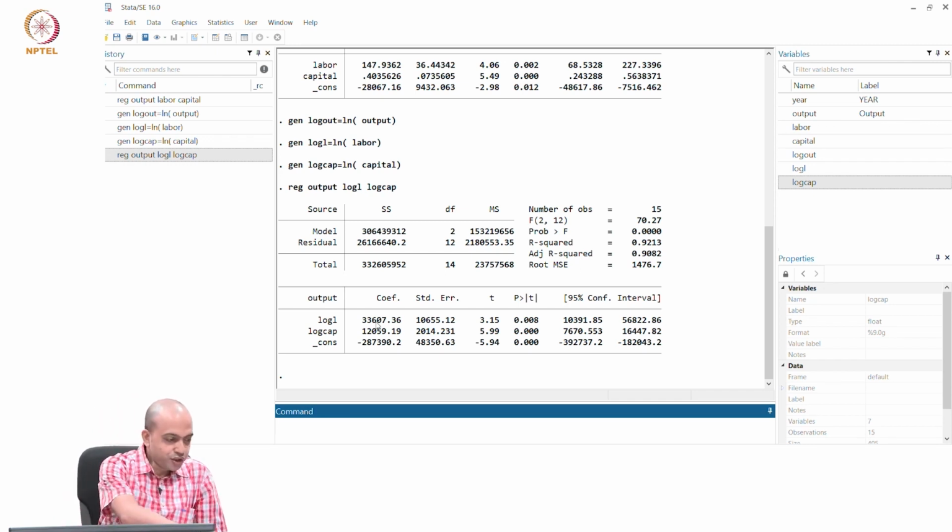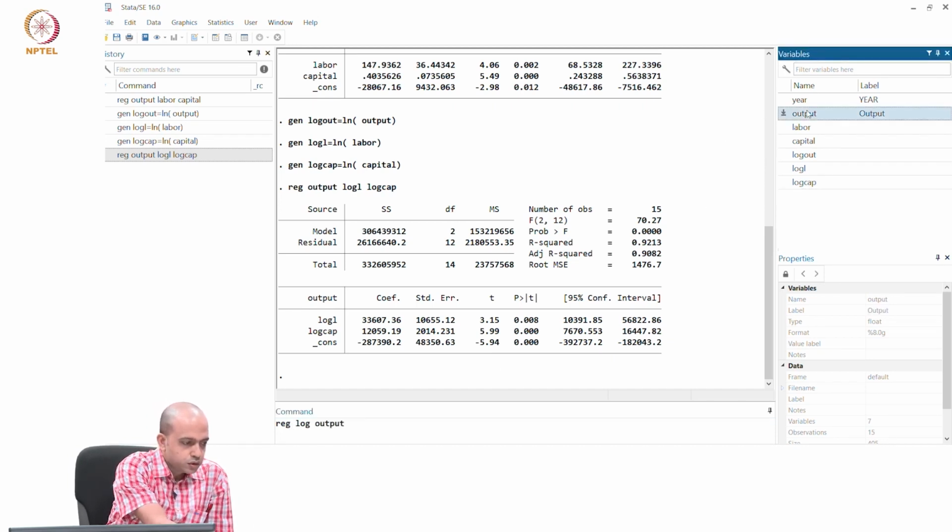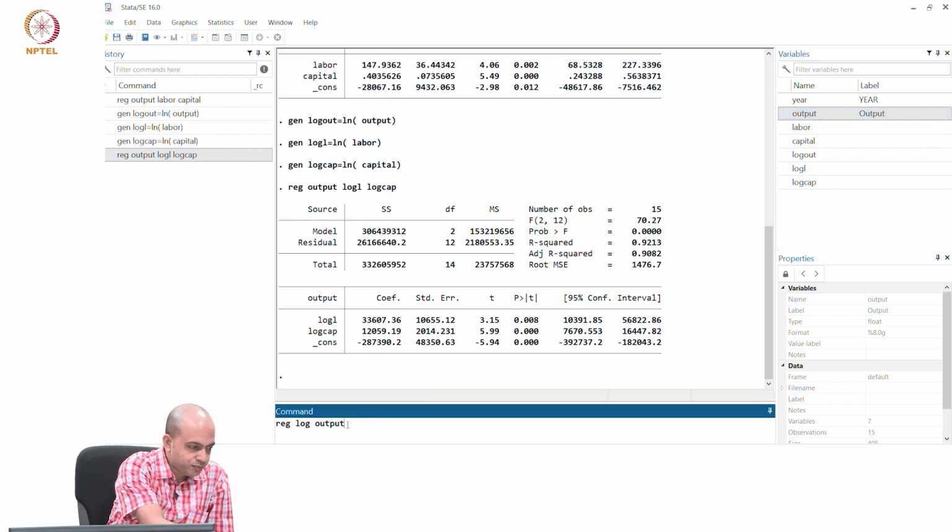Okay. Now, the third model is called log linear model. That means my dependent variable is log transform, but independent variables are not. So, what we will do, we will regress this type of regression, reg log of output, here I have given a different name.